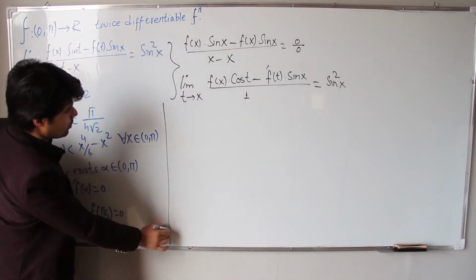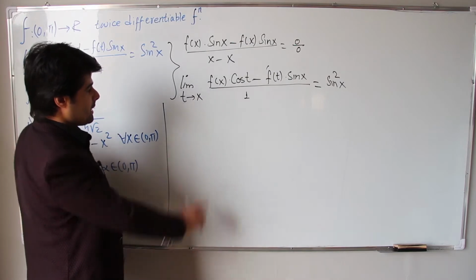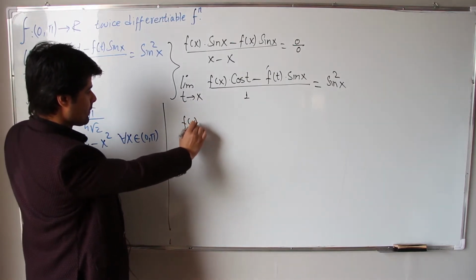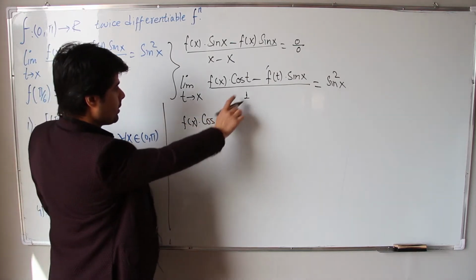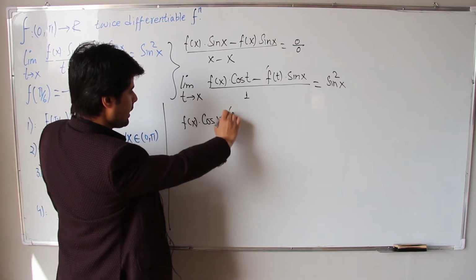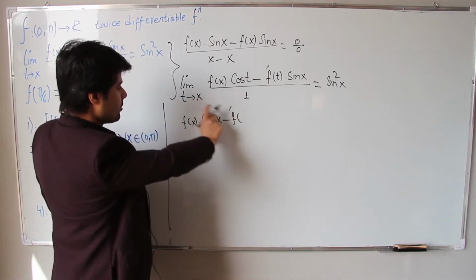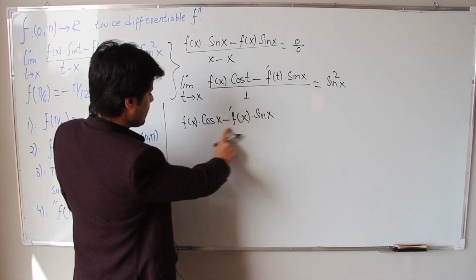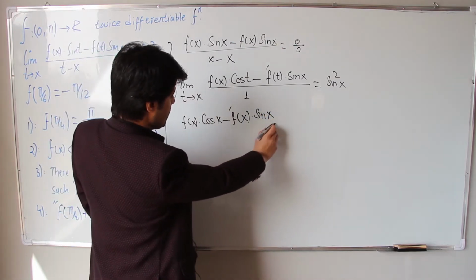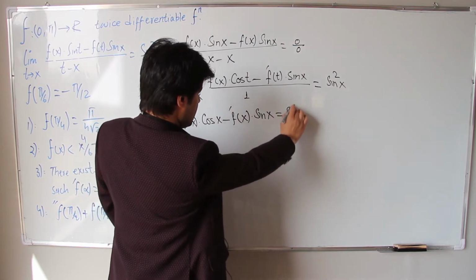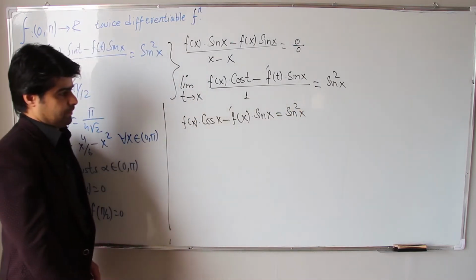Now you have to find this limit. Instead of t you should put x. It's f(x) times cosine x, minus f prime x times sine x, divided by 1, is equal to sine squared x.